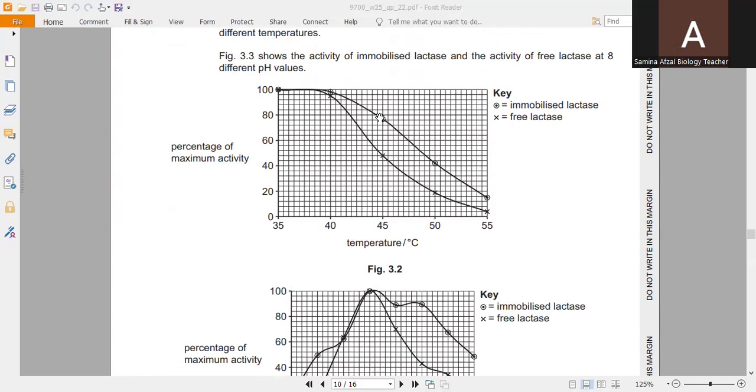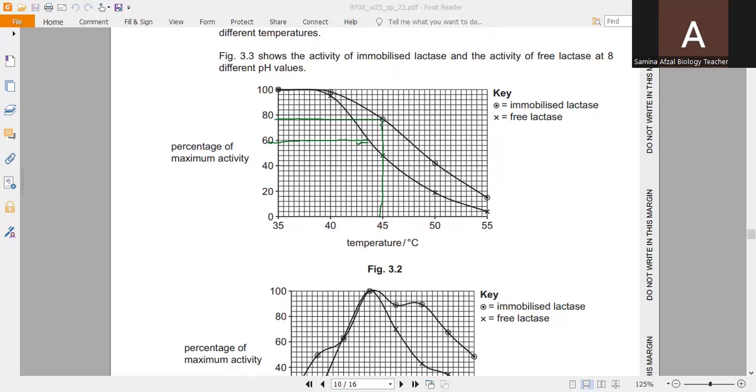You can see this curve is significantly high, whereas the one on the left side is lower. At 45 degrees centigrade, you can see it is 80% of its maximum, while free lactase is below this at this temperature. So it is lower than this.